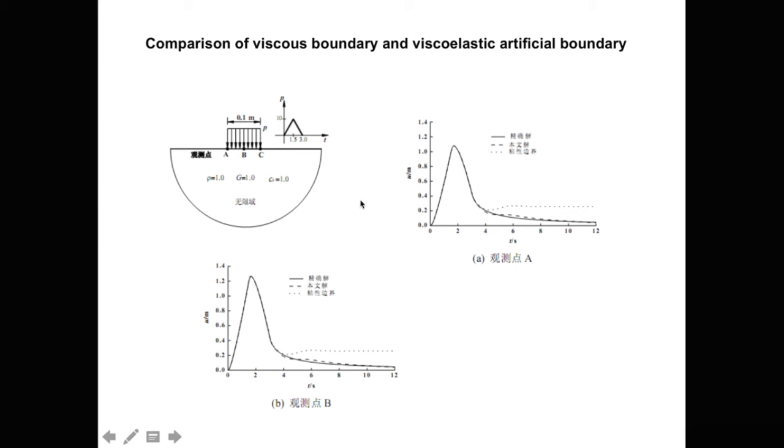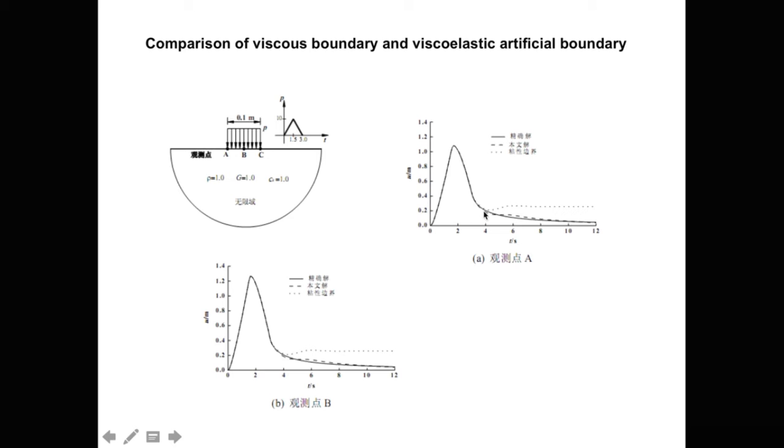Here, let's see the dashed line. We observe the response at A point. We can find in the beginning they are same.